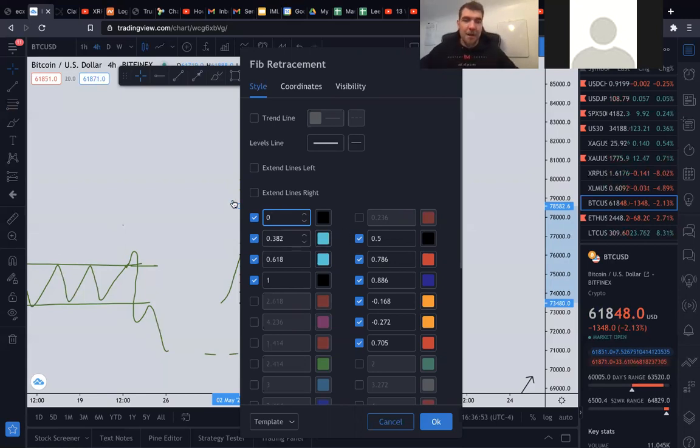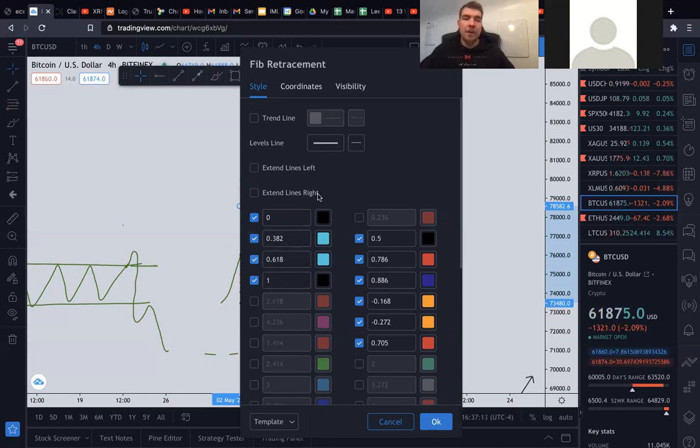Pardon me. So we want to check off the 0% for sure. We want to have the 38.2, whichever, 38%. We want to make sure that those are clicked on. 61.8%, we want to make sure that's clicked on. And that's exactly how it looks.